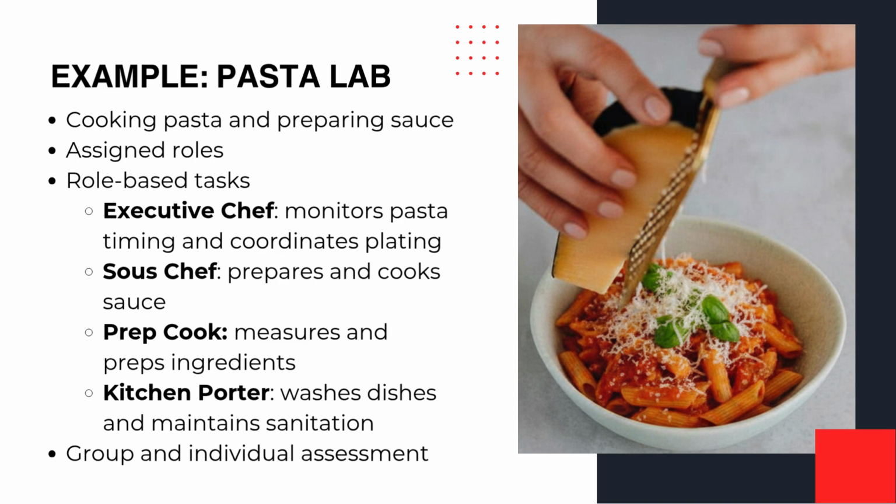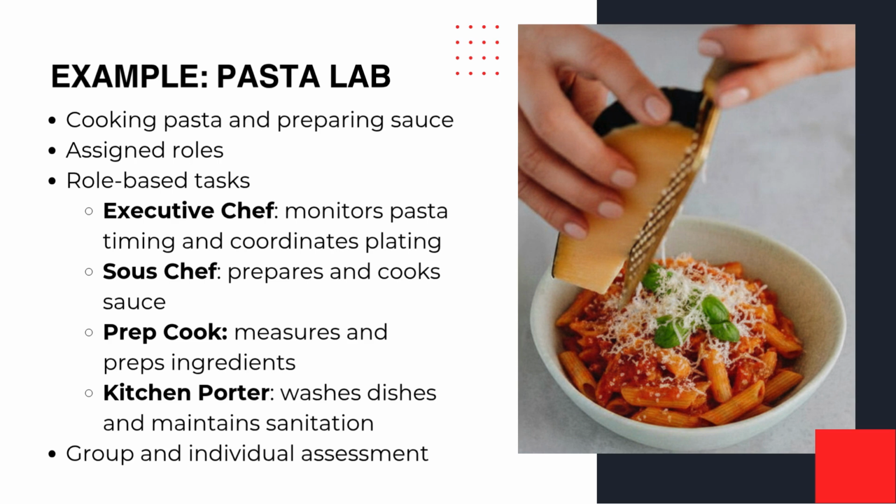So let's say I'm conducting a pasta lab. I would assign each student a specific role within the group. Students complete a checklist aligned to their role, and I use a rubric to assess individual and group performance. Using the Partners in Learning model, the executive chef monitors the timing of the pasta to ensure it is al dente, or just right, and also coordinates the plating.